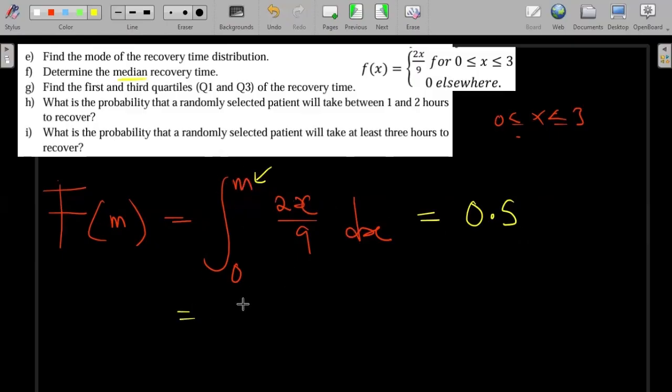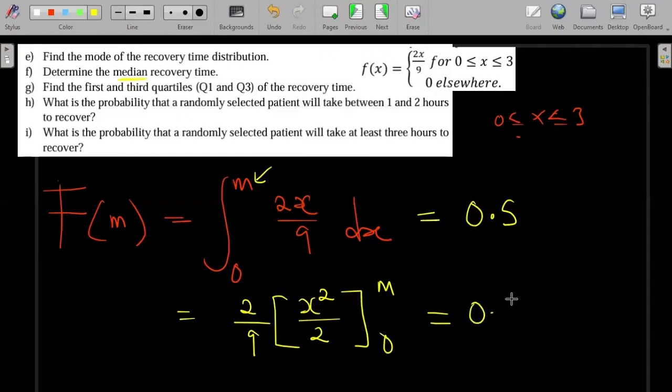When we integrate this, from our previous question, we got x squared over 2, and then you have m, 0. This should be equal to 0.5. We're putting 0.5 here because we're finding the median, which is like the middle number.